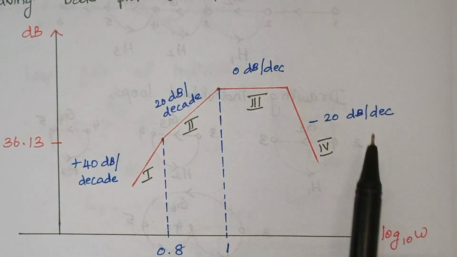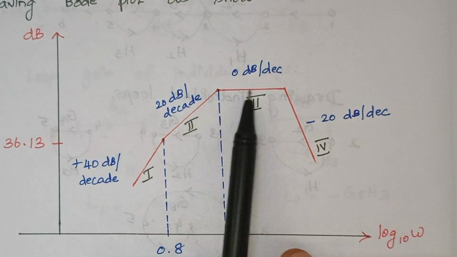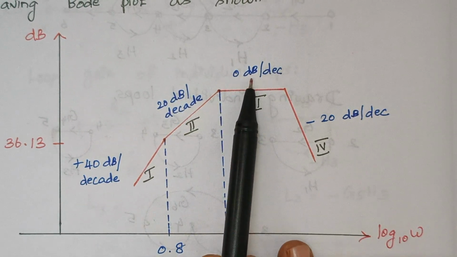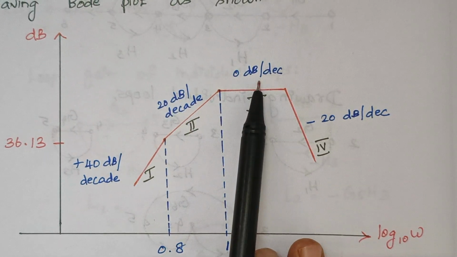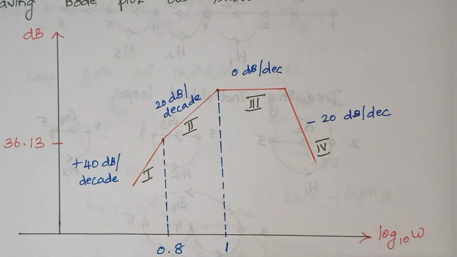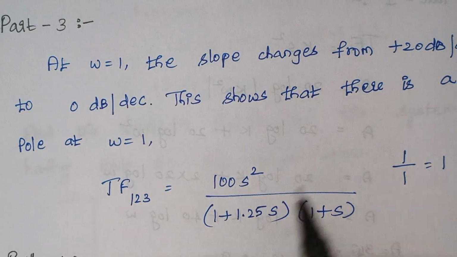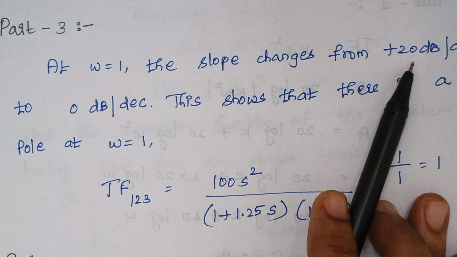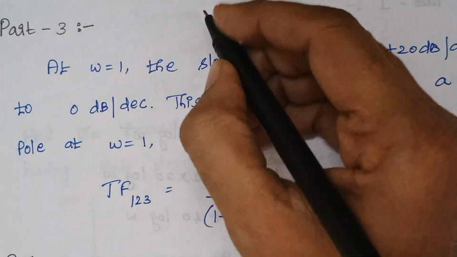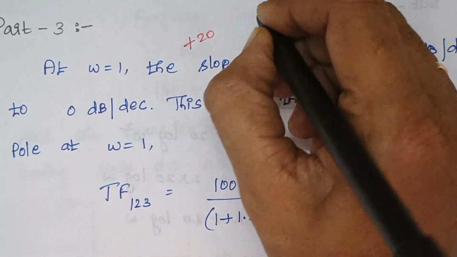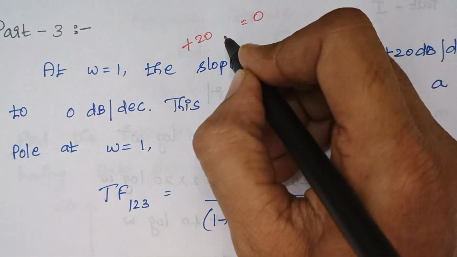Now we are going to look at part 3. In part 3, what happens? The value of slope is 0 decibel per decade. Initially it is plus 20 and now it is 0, and here the value of frequency is 1. Initially I am having plus 20 and now it has reduced to 0. So what should be added here?